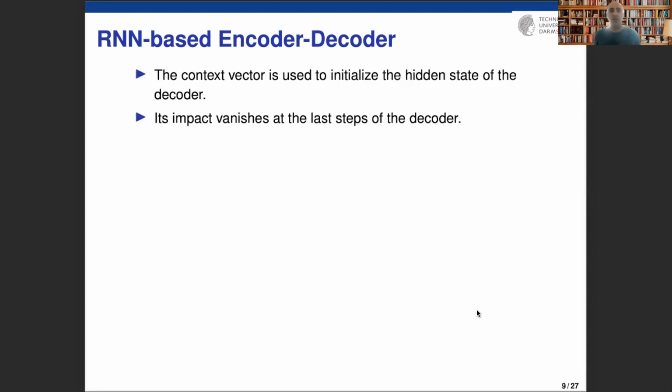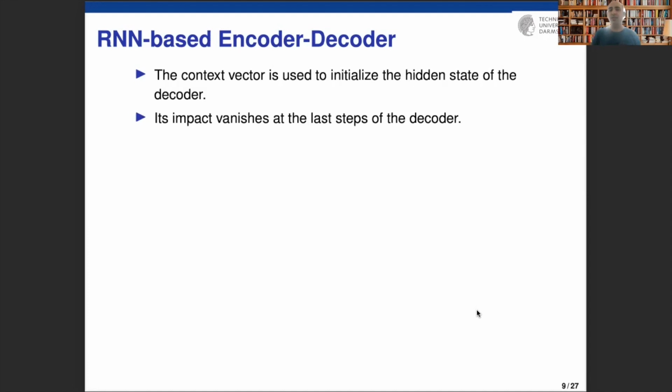RNN-based encoder-decoder architectures are very useful for different NLP applications. However, we can see some problems here.